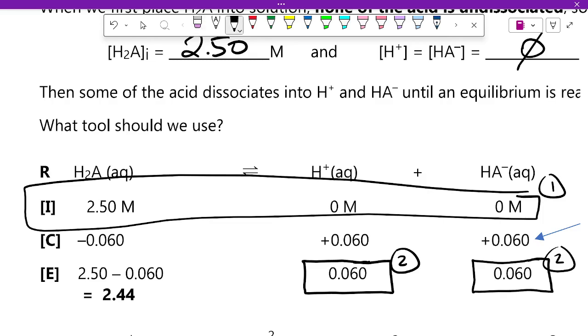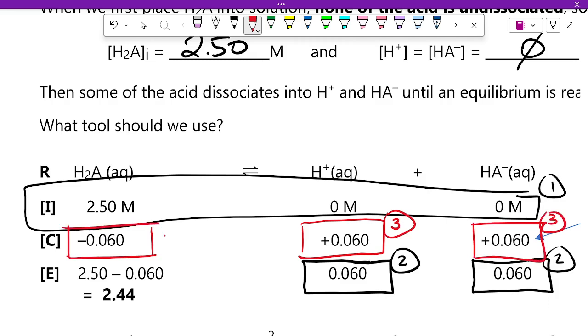So that's going to be number 2, you know the final, and number 3, you're going to fill in the change. And because those went up by 0.06 and these are all 1 to 1 to 1, the H2A change is also going to be minus 0.06.